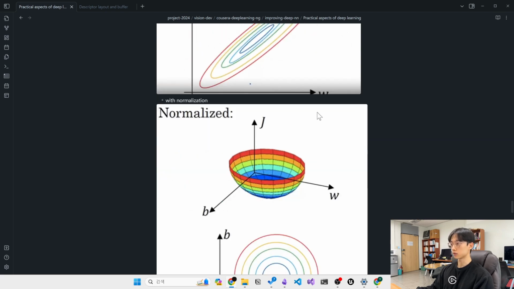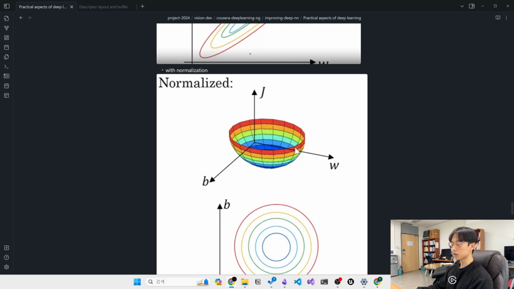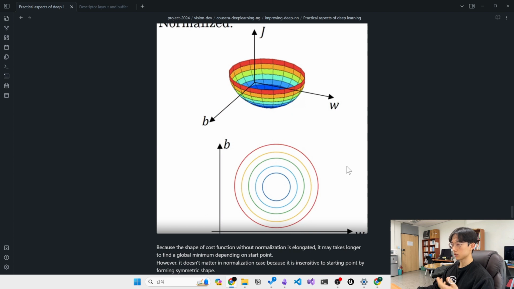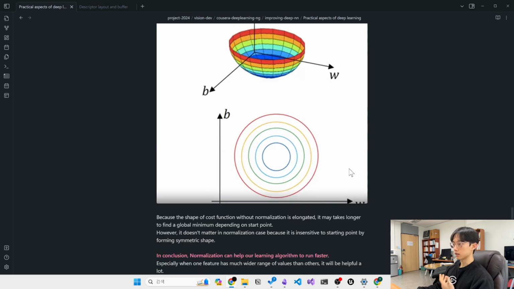But if we do a normalization on the inputs, we can get this kind of bar form, which is kind of symmetric. We can't be certain that it is always formed as a circle, but actually we can expect this kind of good variance in the inputs.